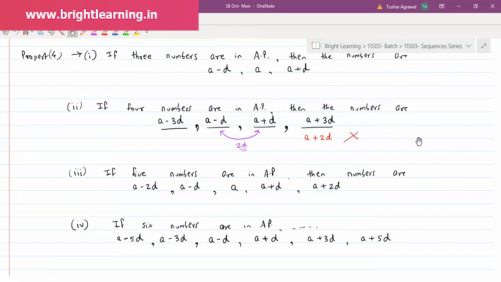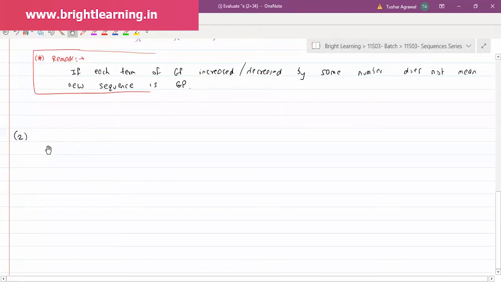So here also, 3 numbers in AP, sorry, in GP, 3 consecutive terms in GP. Let's say if 3 consecutive terms in GP, they can be represented by a, ar, ar square, but that will unnecessarily complicate things because the calculation will be tedious.